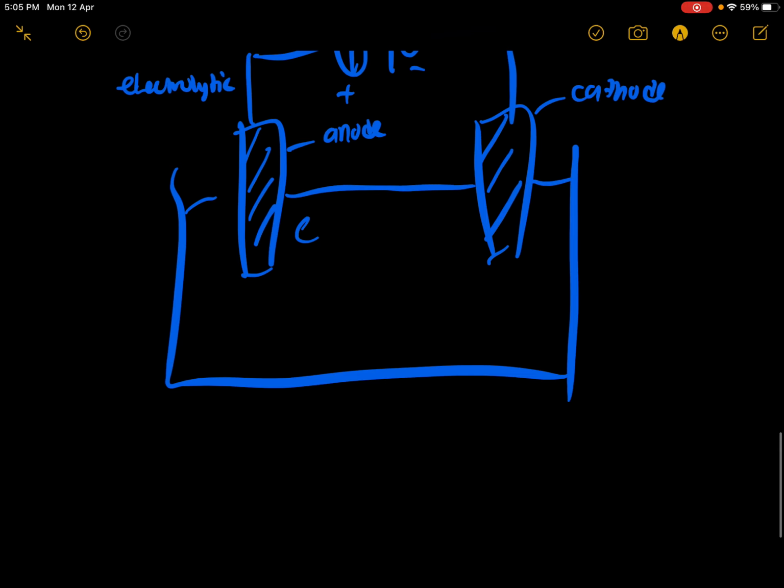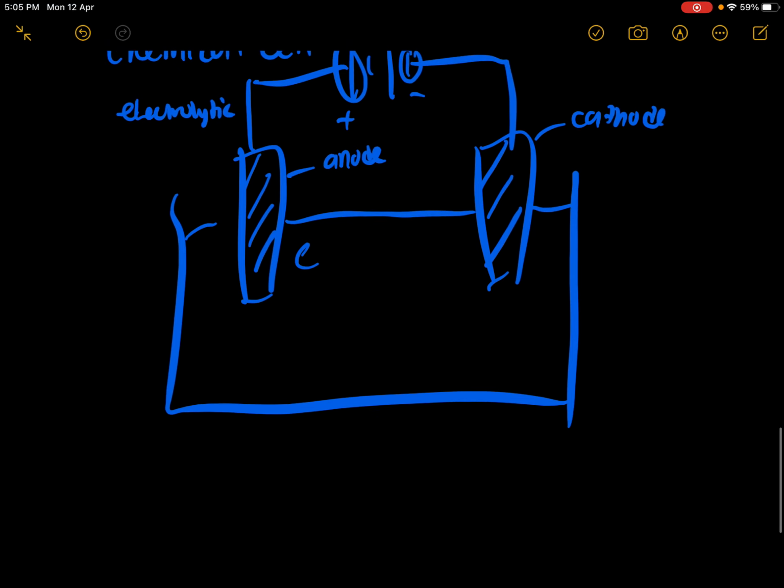Now if I have a solution and I want to electrolyze copper 2 chloride, I believe that's the most common one. Let me see if I remember correctly.